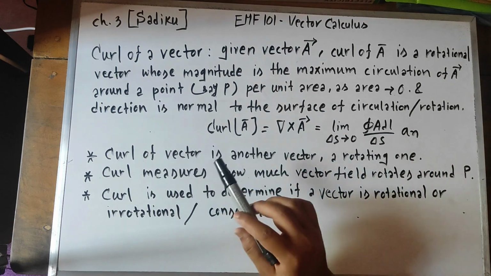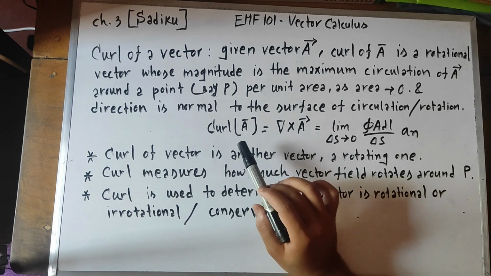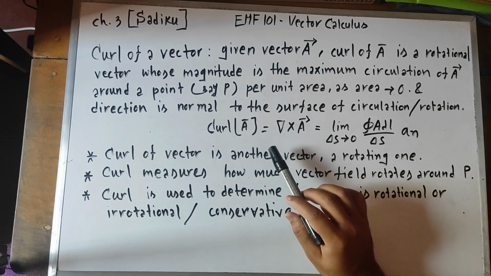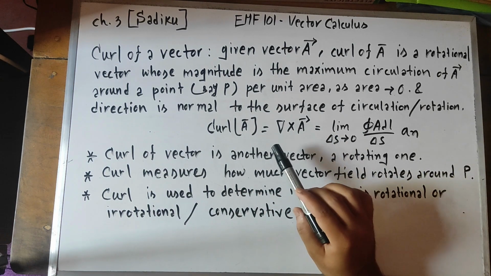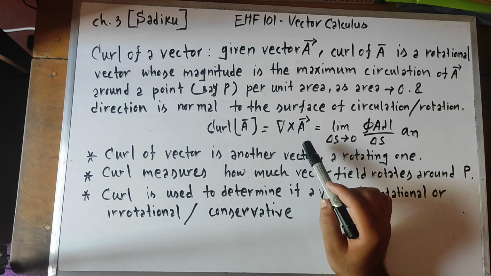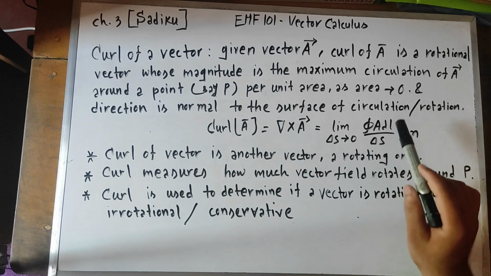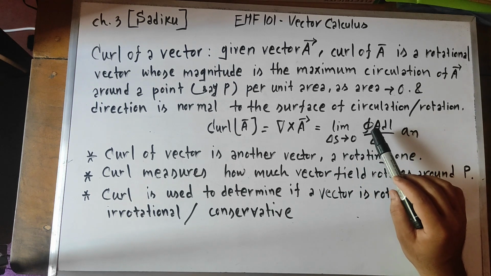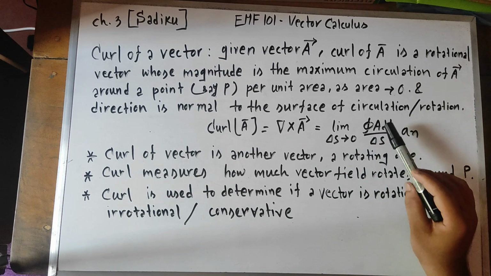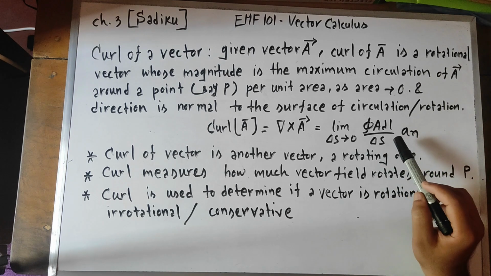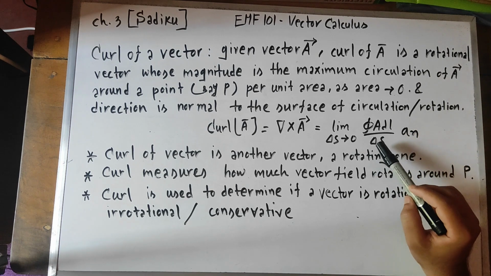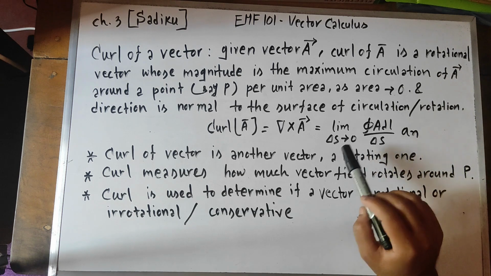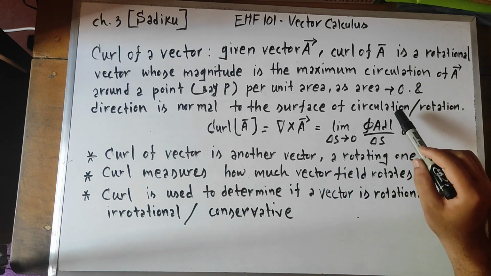Curl is mathematically represented by curl A, which equals the vector multiplication of the del operator and that vector field, and by definition it is expressed like this: the closed line integral of that vector divided by the differential surface as the surface tends to 0.